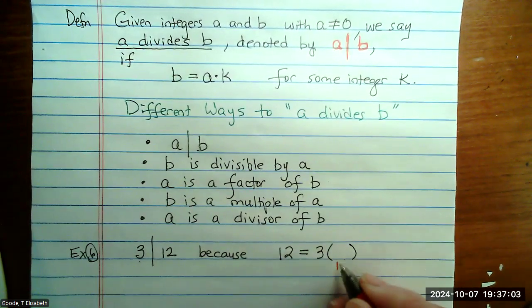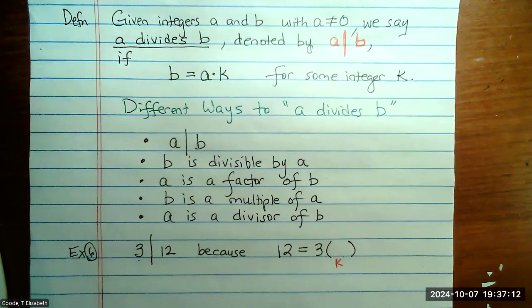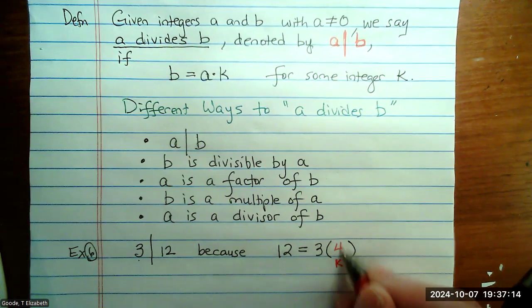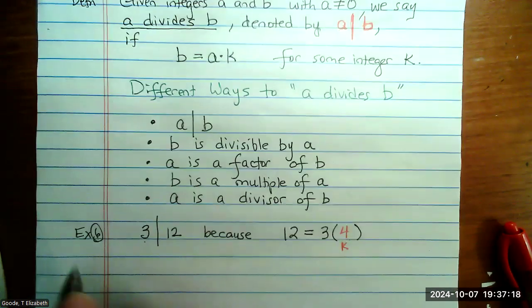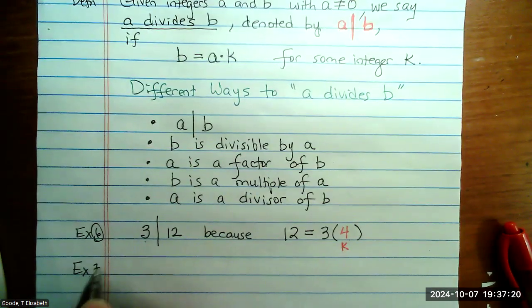What's the k that's going to work out to prove that 3 divides b? What's the k we need, folks? 4. Yeah, 4. Okay, so that's a silly one. Yay, Ronnie, thank you.